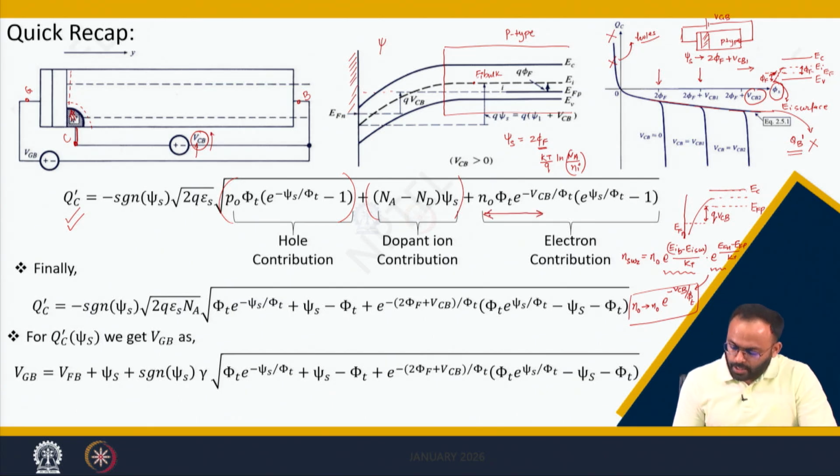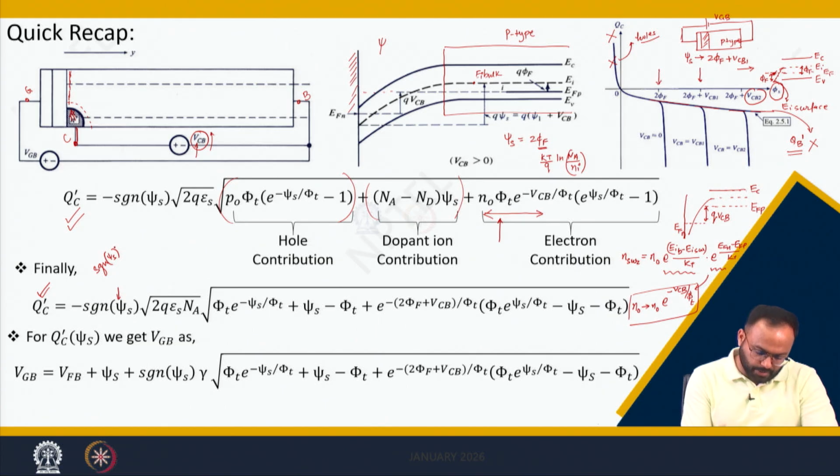So, we need to take utmost care when we are making a 3 terminal MOS cap and connecting the inversion layer through the external world. By this we derive QC dash for different regions of operation, like accumulation and depletion. In accumulation it was given with signum psi s, where psi s is negative, so signum will be negative.